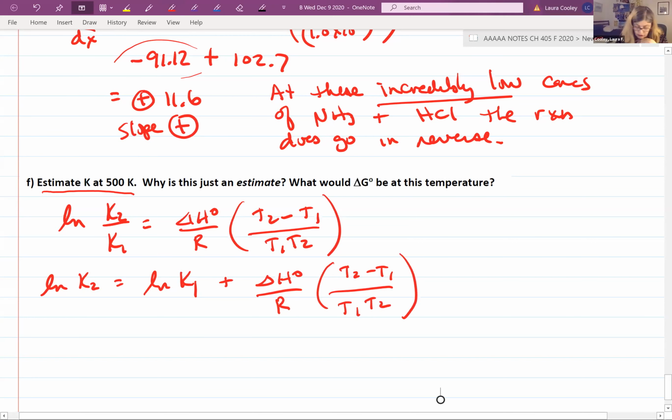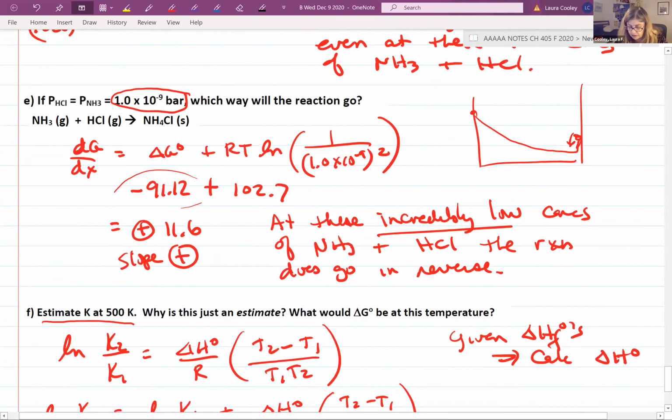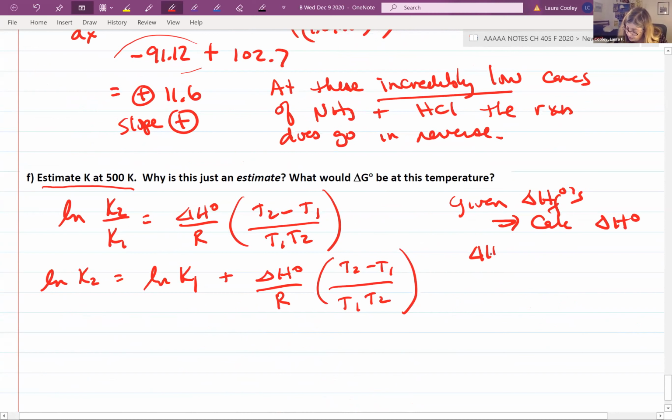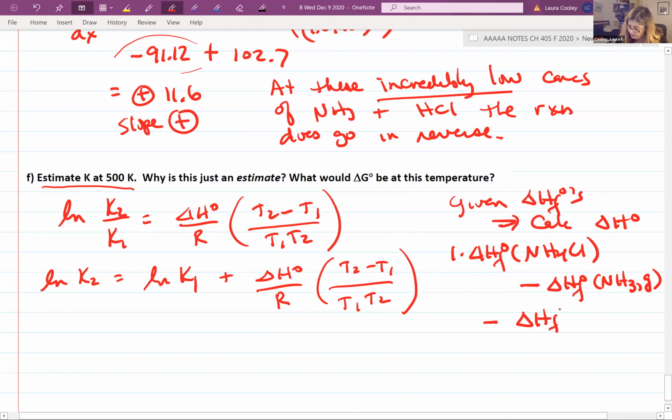That's because you're actually given the delta HF0, so you can calculate the delta H0. It would be the delta HF0 for the ammonium chloride, minus 1 times the delta HF0 for the ammonia, minus the delta HF0 for the HCl.